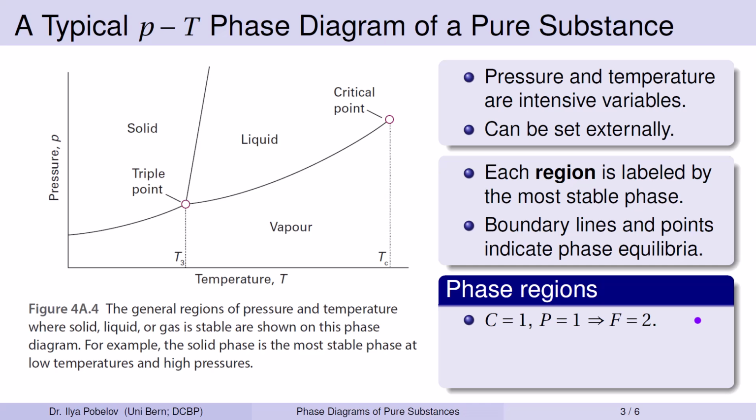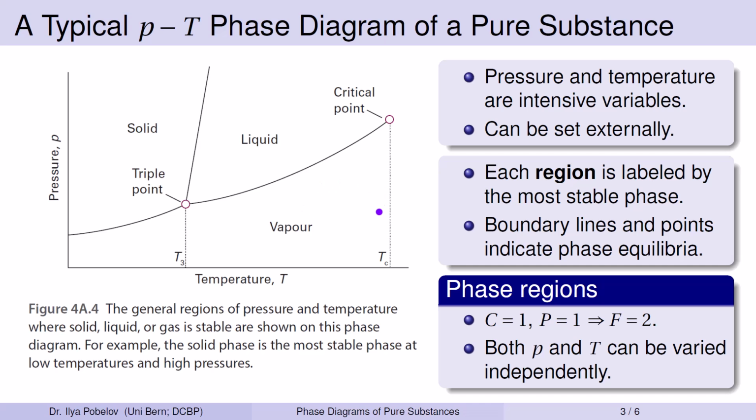There are two independent intensive variables that can be varied without altering the phase state of the system. This derivation emphasizes that a single phase in a one-component system is represented by a two-dimensional object, a region, on the phase diagram. In the context of our PT phase diagram, these variables are pressure and temperature.